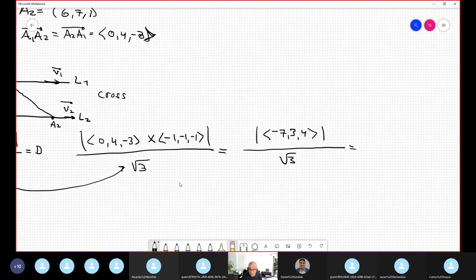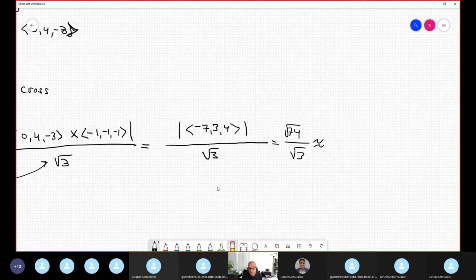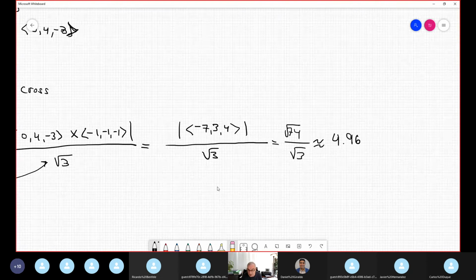The magnitude of this guy is square root 74 divided by square root 3. Approximation. In my labs, you want to express the exact answer. You leave it like that, or with rationalization, much better. It is 4.996 approximately.